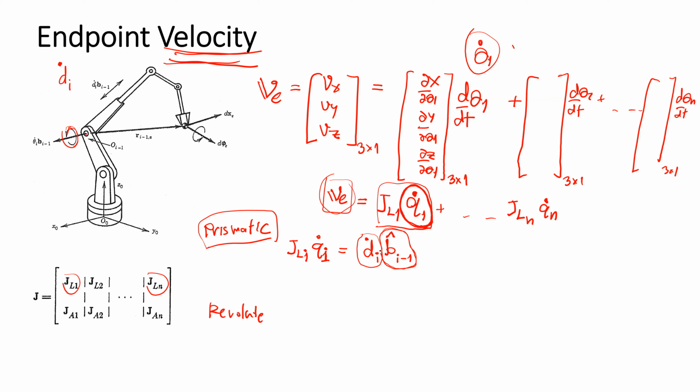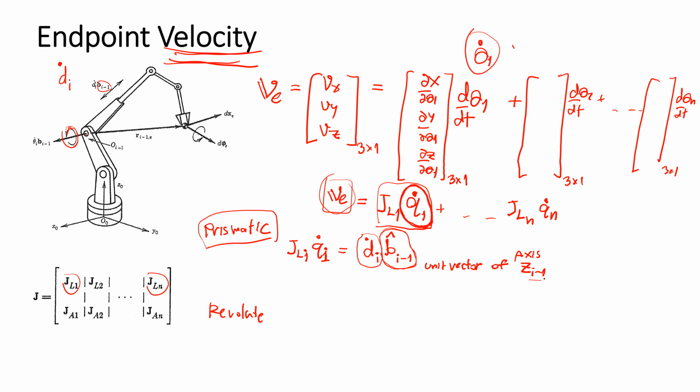The unit vector b. So b is the unit vector of the axis z i minus 1. Why should it be i minus 1, not i?